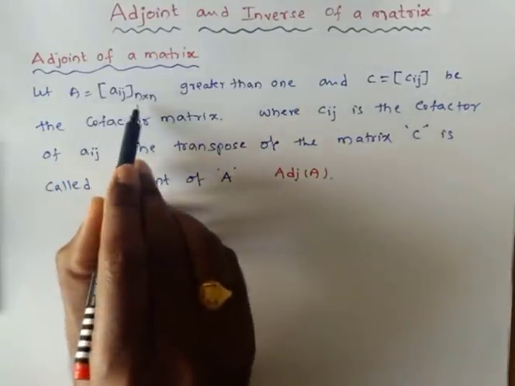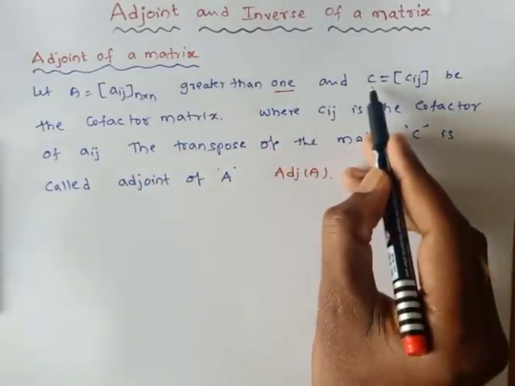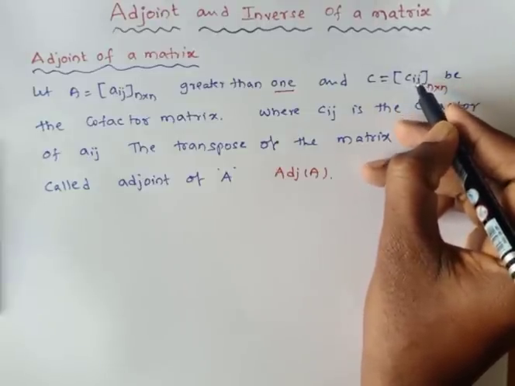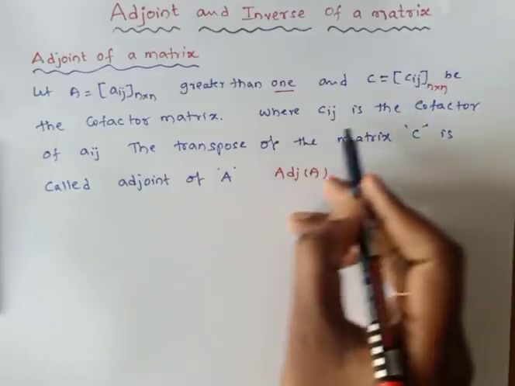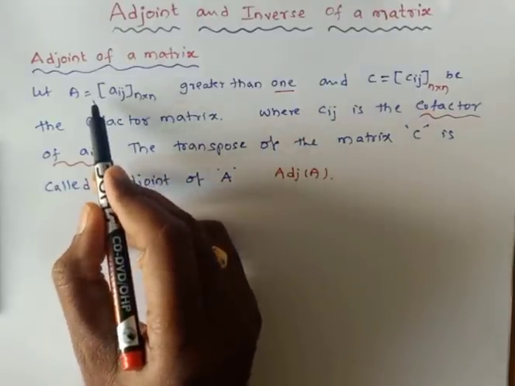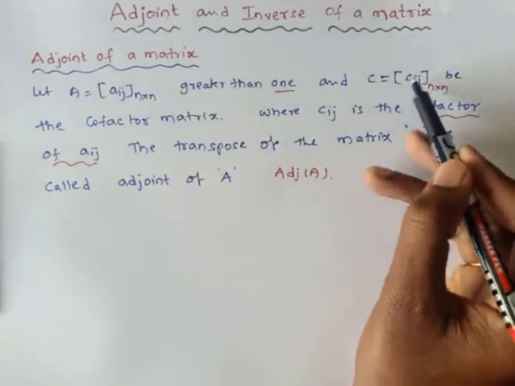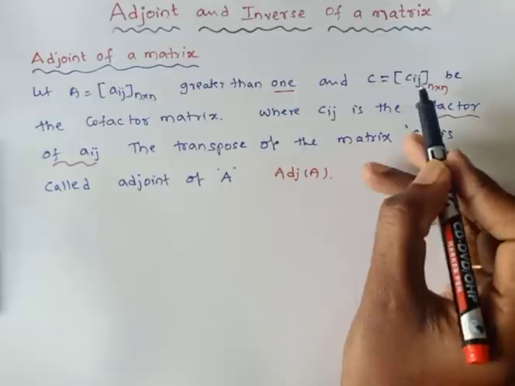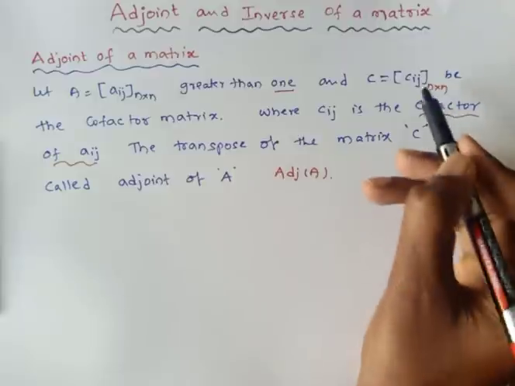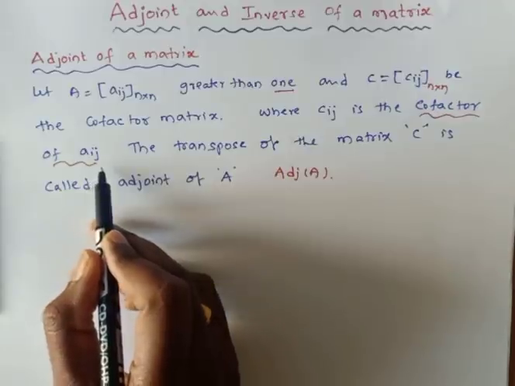So A is any square matrix of order n greater than 1, and C is a matrix of order n by n that contains the elements Cij, where the Cij's are the cofactors of Aij. For example, the matrix A contains A11, A12, A13 and so on, whereas C contains C11, C12, C13, where C11 is the cofactor of A11, and similarly Cij is the cofactor of Aij.